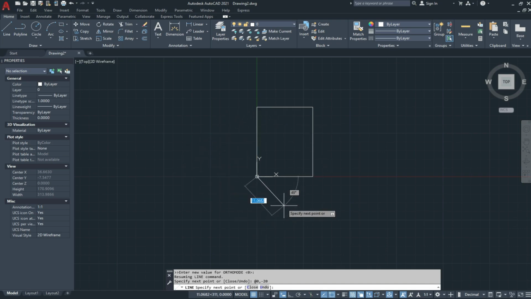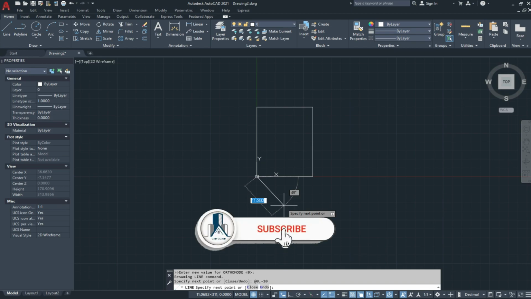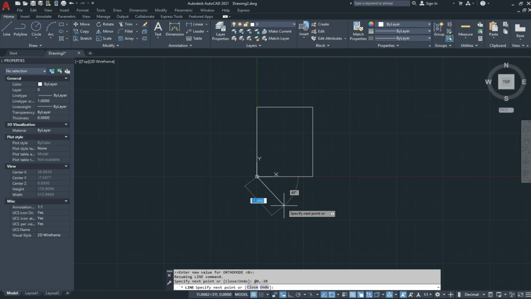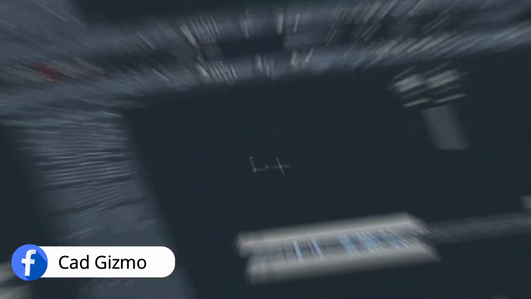So that's how we use the negative points, the right, left, up and down direction. So this is our relative coordinate system.